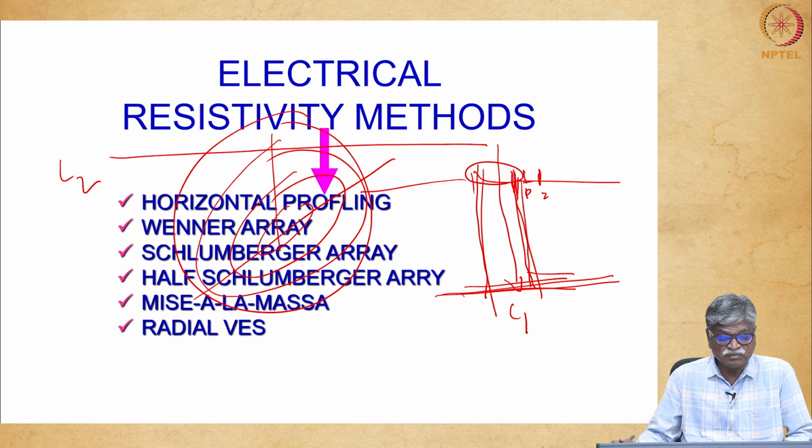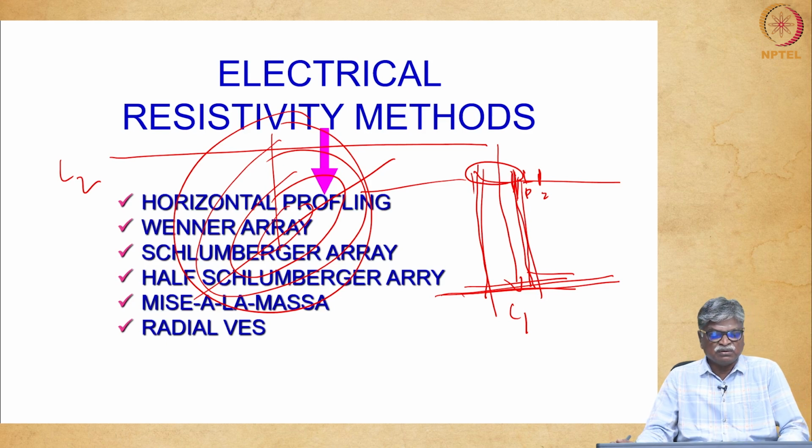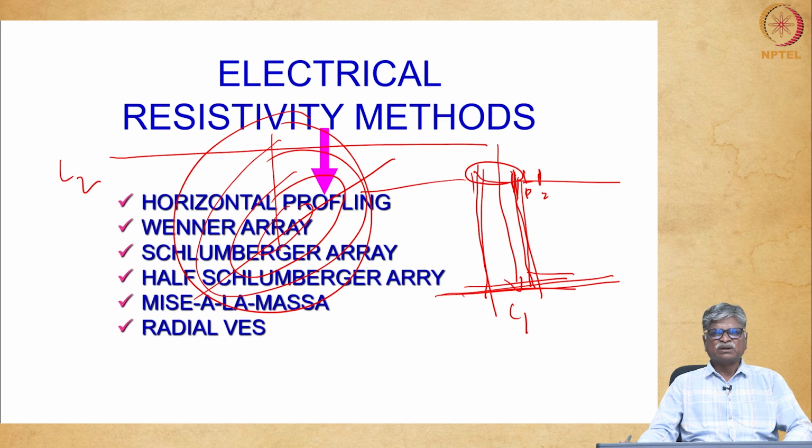Another use: instead of the radial VES, after putting the borewell, wherever you got the fracture, there also we can do this miscellaneous method, so that the orientation of the fracture you can easily find out.